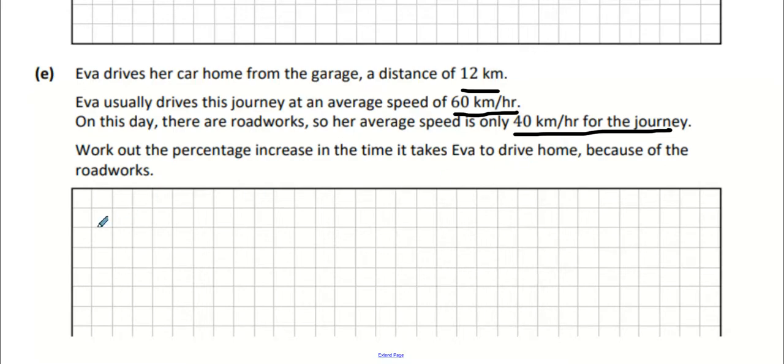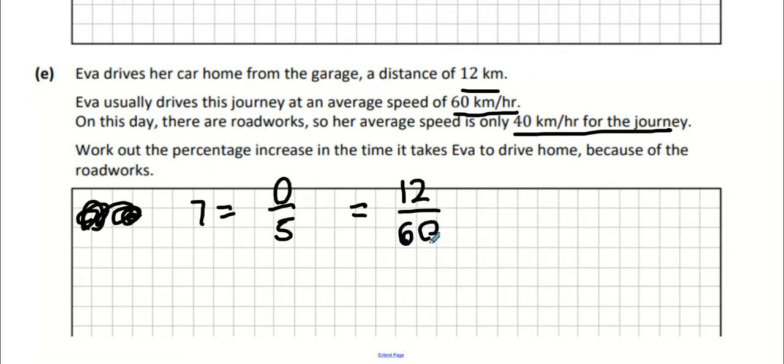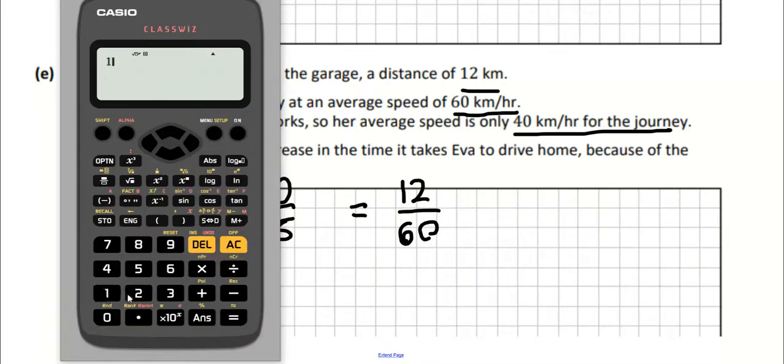Okay. Time equals distance over speed. It usually takes 12 kilometers divided by 60. So 12 divided by 60 is a fifth of an hour, which if you press this button here tells you it's 12 minutes.